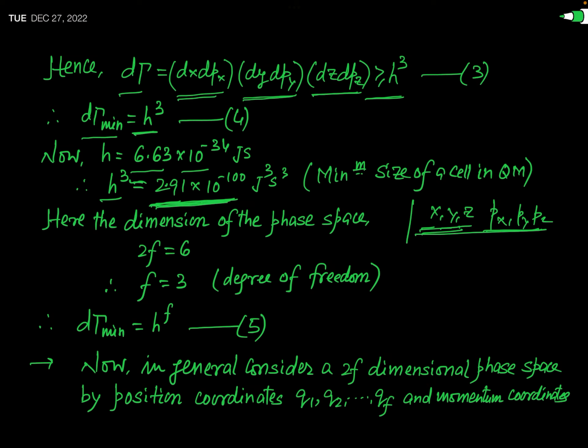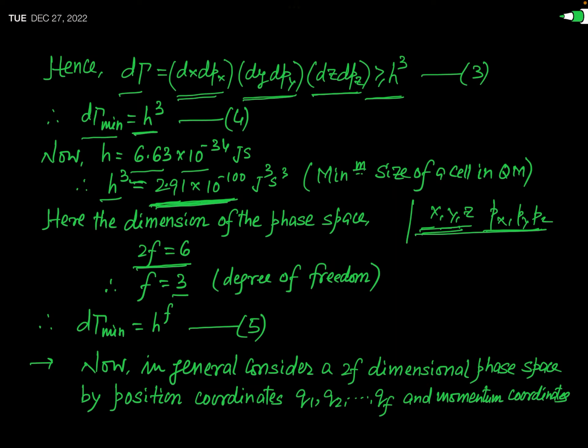Here the dimension of the phase space we are talking about is 6. So 2f in this present example is equal to 6, and so f is equal to 3, which means the degree of freedom is 3.